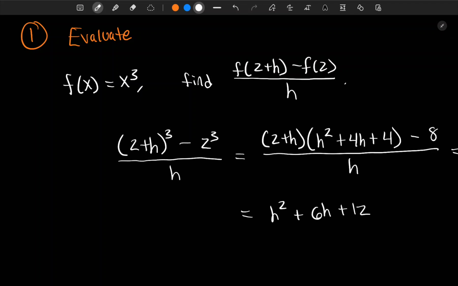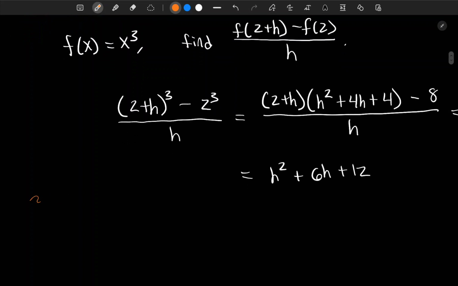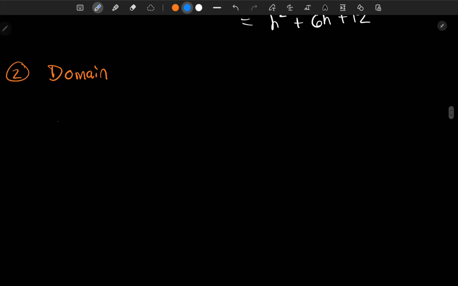Next, in order to follow along with this series, you should be able to find the domain of the following functions. Consider the function f of x is equal to 2x plus 1 divided by x squared plus x minus 2.